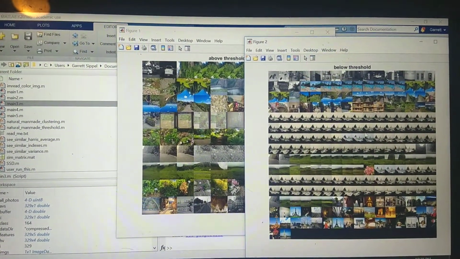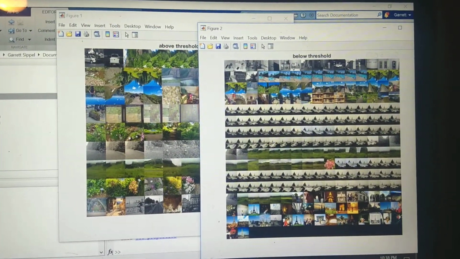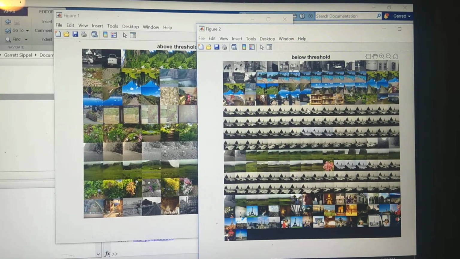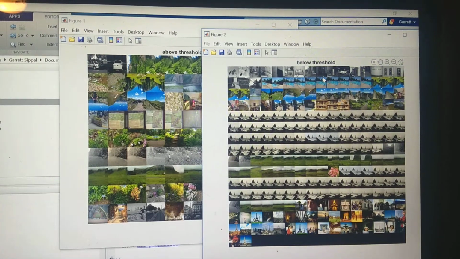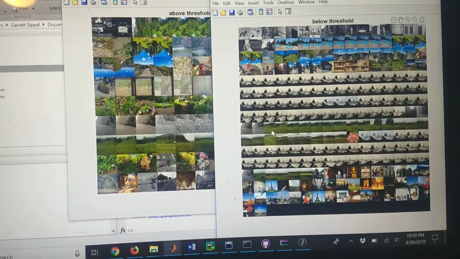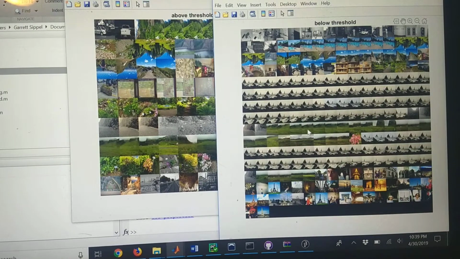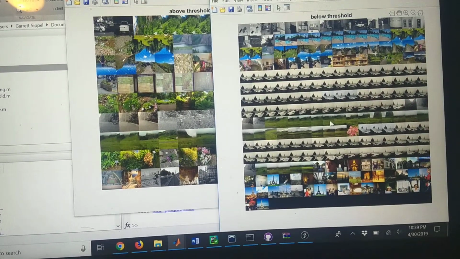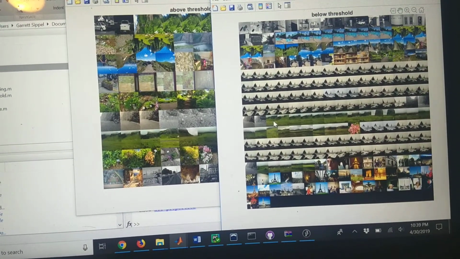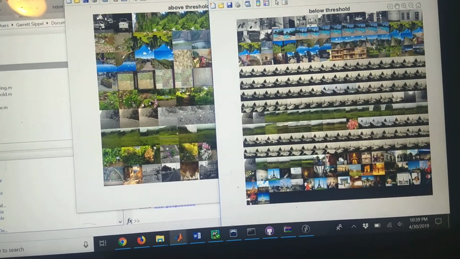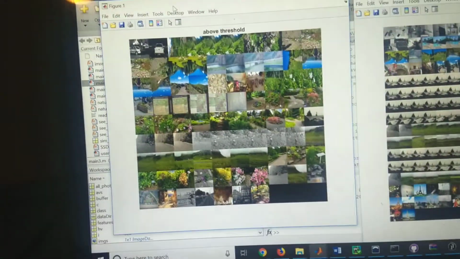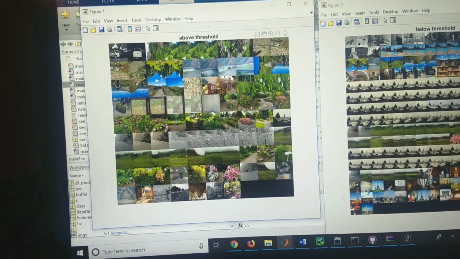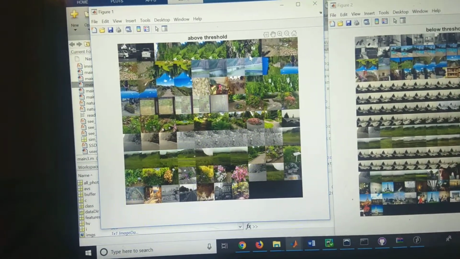You see this is below the threshold, which means there was a low variance, so there's a lot of skies, and the pool scenes where there's a lot of gray and then a lot of blue. And then also these far away shots of landscape tend to be more similar in sections. Then above the threshold, and the threshold was kind of arbitrary, there's a lot more detail in these photos.